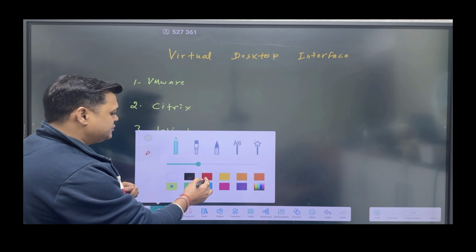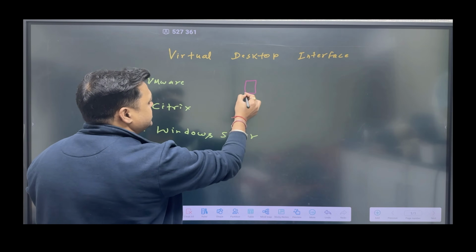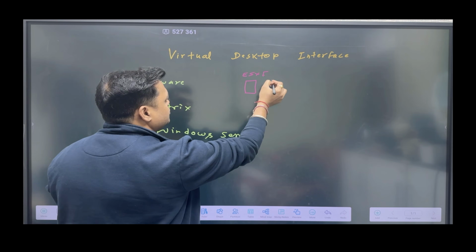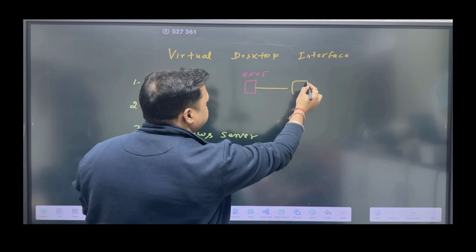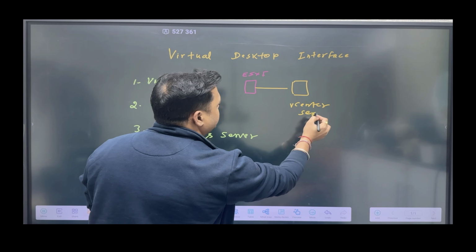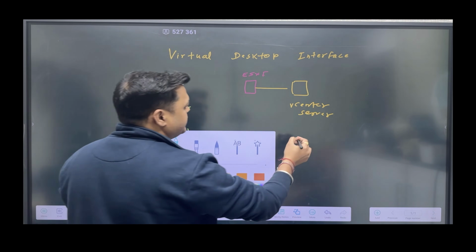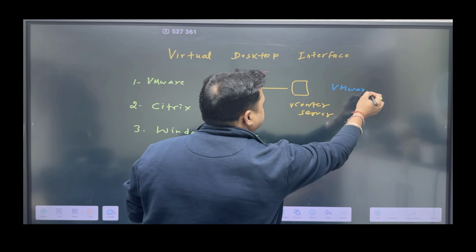If you decide to establish your VDI environment with VMware vSphere, you must establish one ESXi host. Then your ESXi host must be connected with vCenter server, and over the vCenter server you should install or configure VMware Horizon.